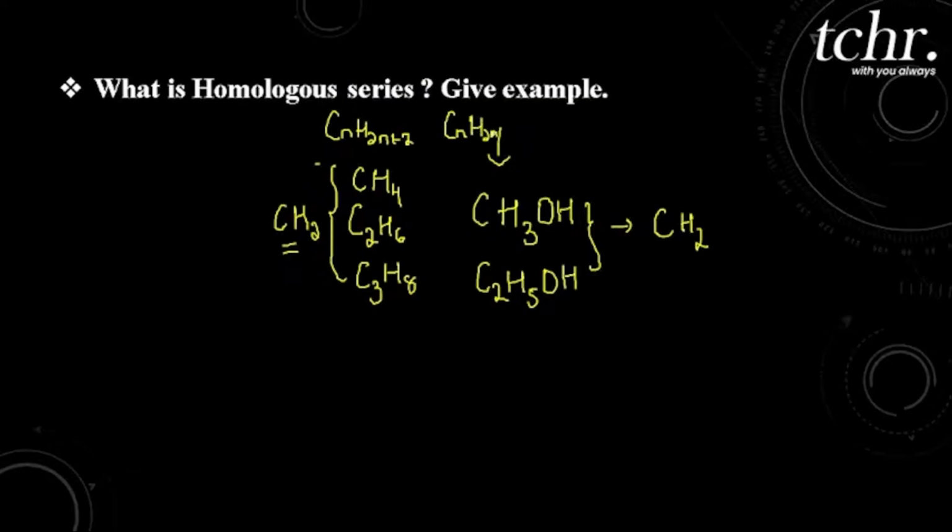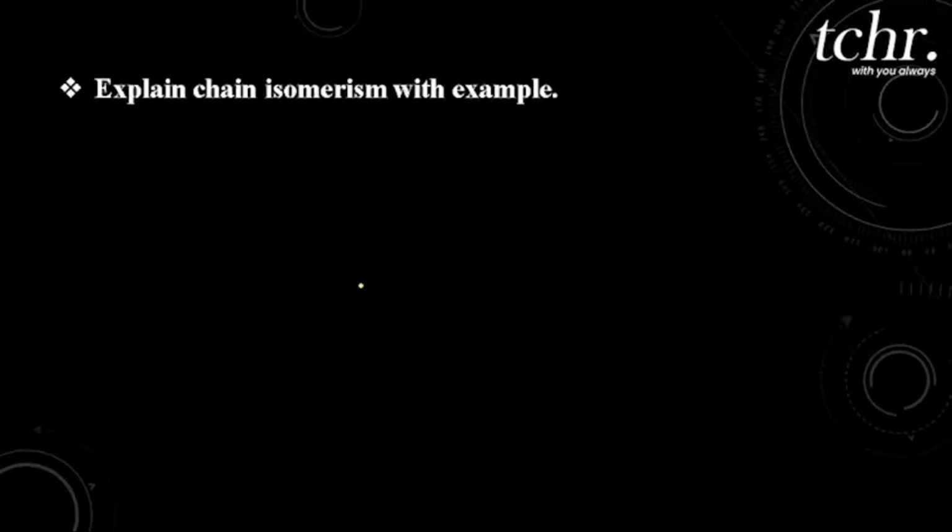How can we come to a general formula? Because they all differ by a CH2 unit. So closely related compounds which can be represented by a general formula are known as a homologous series. You write a proper definition and give an example as I have explained here. Is that clear, my dear students?